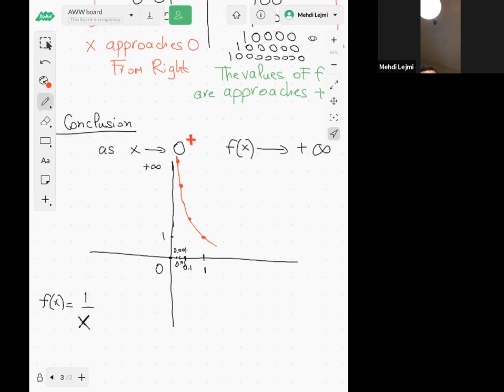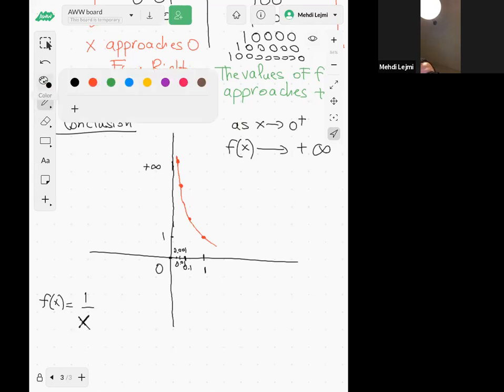But let me erase this and write it right here. It's better. This x goes plus. So as you can see, because x gets close to 0, I'm getting a very, very large number, right?